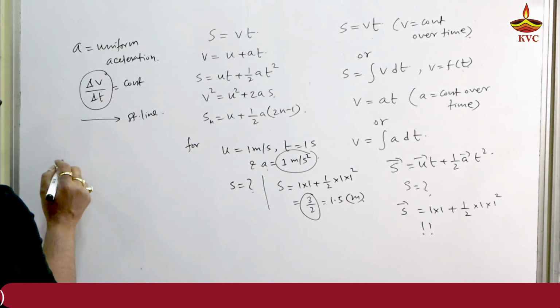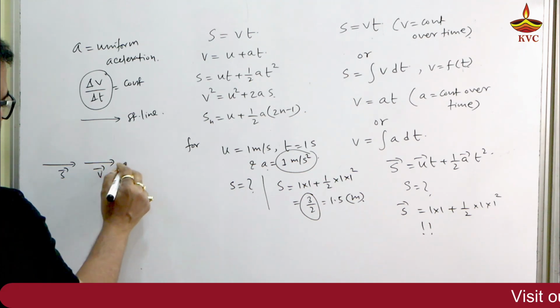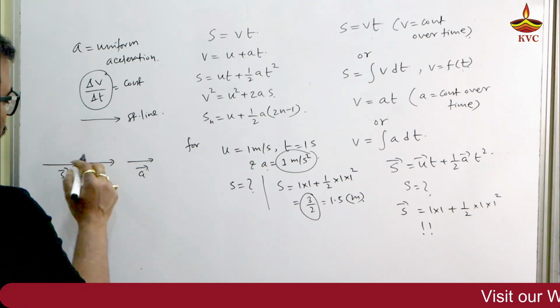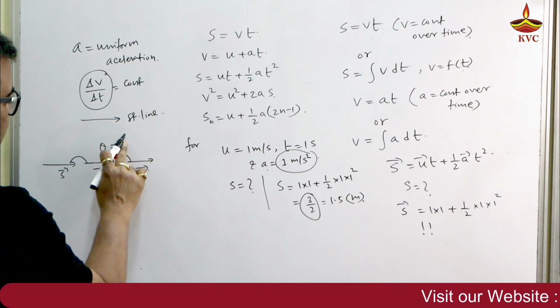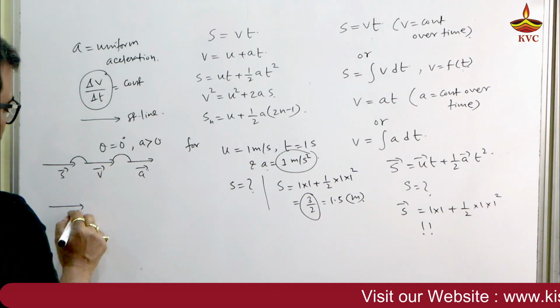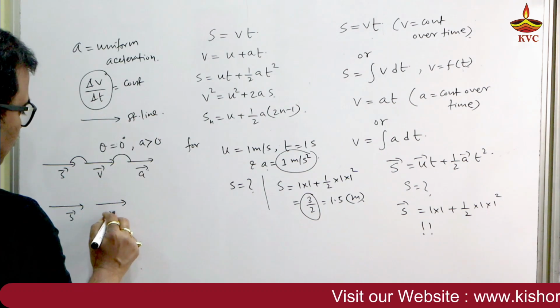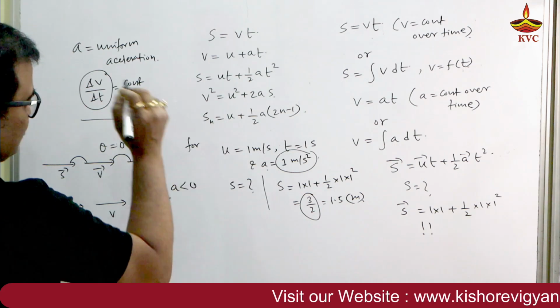That means S, V, A are all vectors and the angle between them theta is 0 degree for A greater than 0. Otherwise, it is 180 degree, for A less than 0.